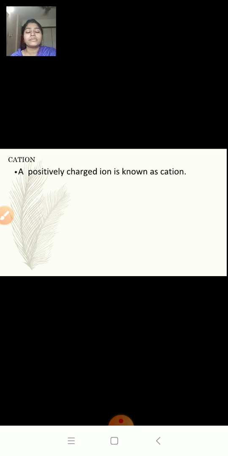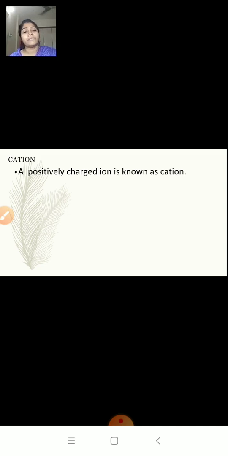A positively charged ion is known as a cation. Okay, a positively charged. Now when does an atom become positively charged? When it has fewer electrons, right? It means when the atom is losing electrons, it will have fewer electrons and more protons.